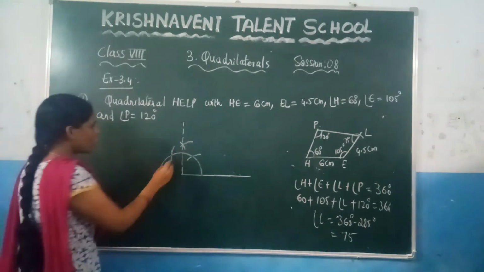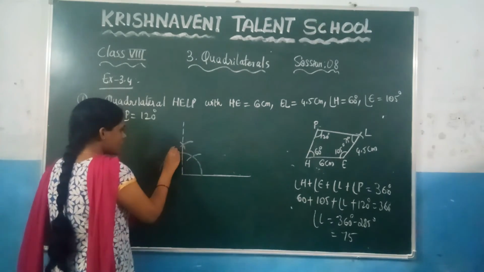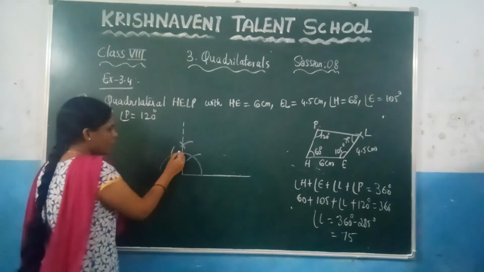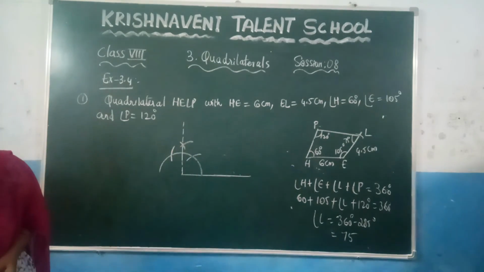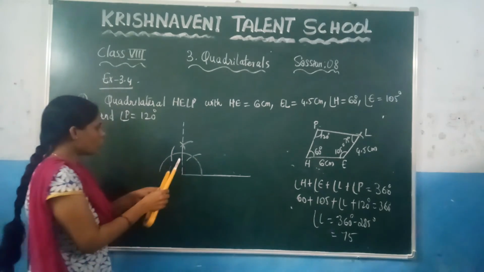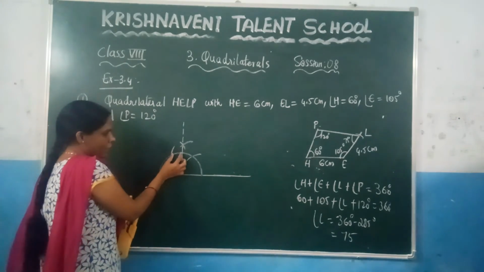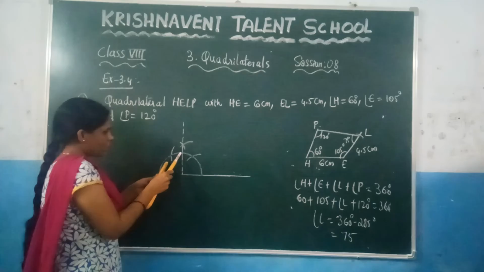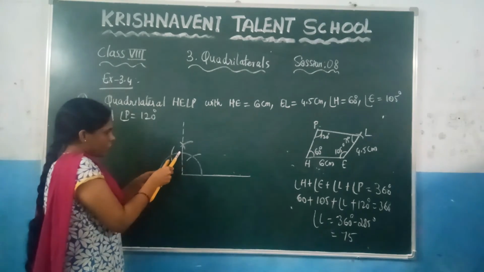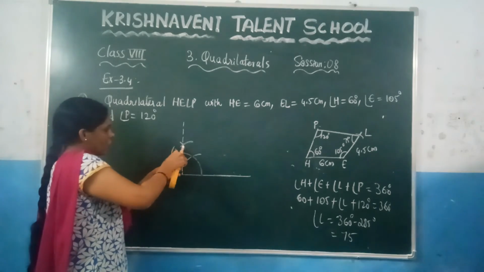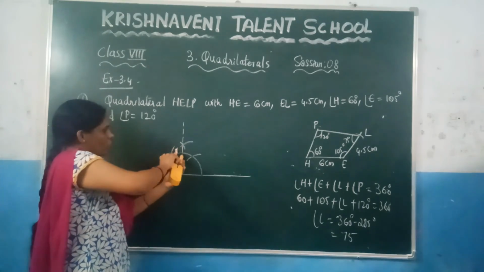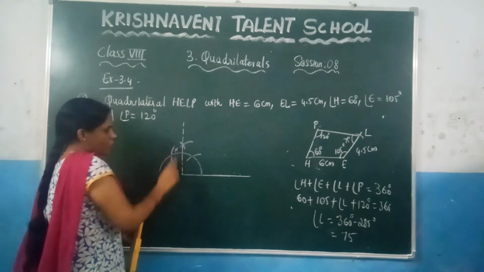Now here you got 90. This is 90 and this is 120. In between 90 and 120 you will get 105. So here you need to take more than half radius. This is the total radius and you need to take more than half. You can observe that. Now keep one arc here and one arc here. Now this is nothing but 105.